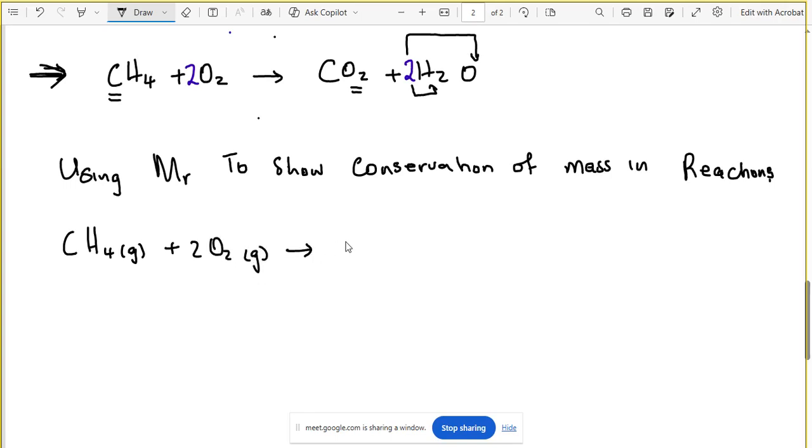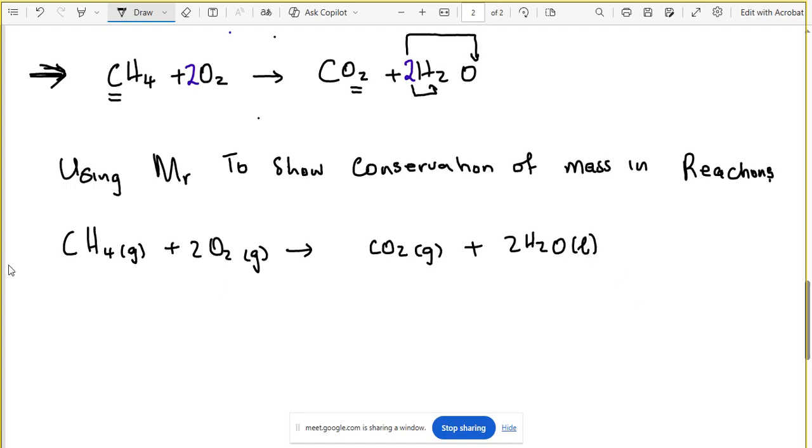This gives us CO2, a gas, and also water, which is liquid state, H2O.